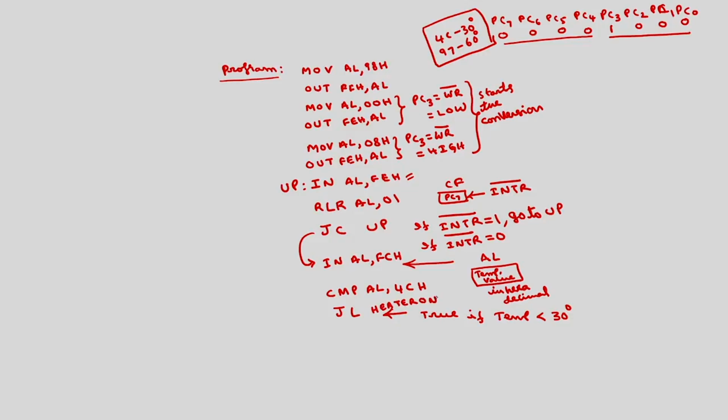So for heater on you have to write the program, otherwise you have to compare AL with 97H, which corresponds to 60 degrees. Jump greater than, fan on.